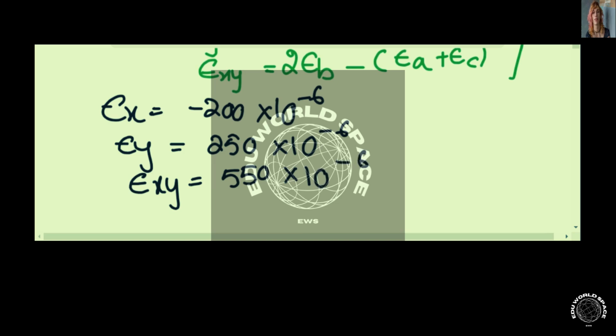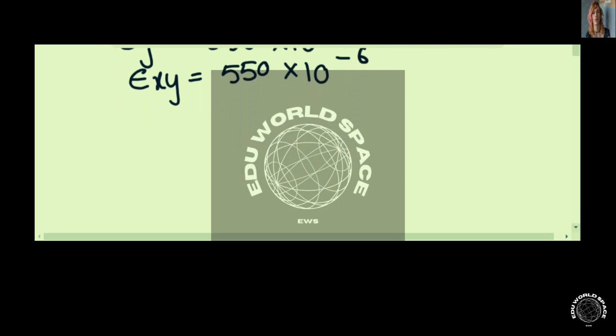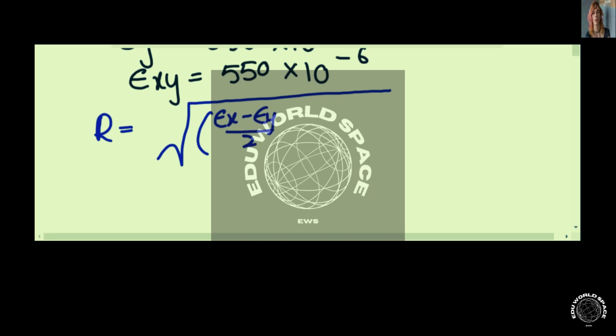Now from here we find what we need to build the Mohr's circle, right? So that is the radius of that circle. Now we have the expression for the radius, that is under root the difference of the strain divided by 2 whole square plus the shear strain divided by 2 whole square, right?